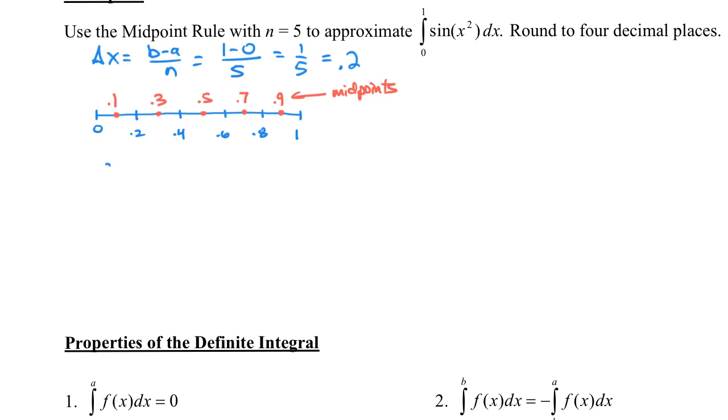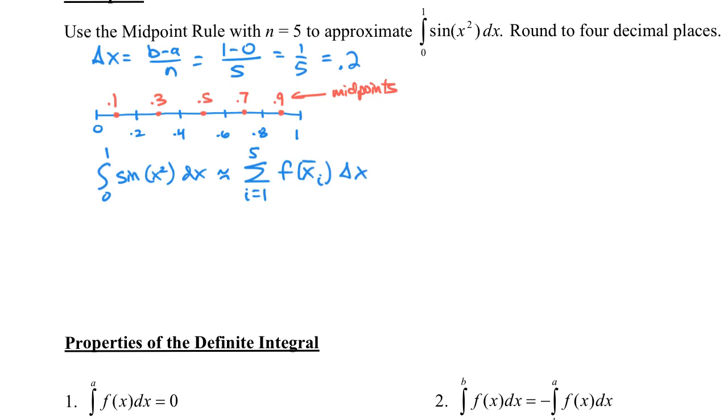So we're looking for this integral, sine of x squared dx. We know that it is approximately equal to the Riemann sum from 1 to 5 of f of x sub i bar delta x. This is just the midpoint rule. And x sub i bar, remember, is the midpoint, which is all these red points.